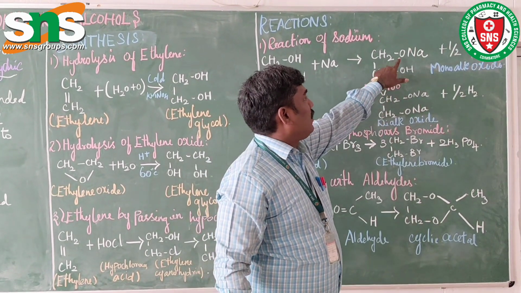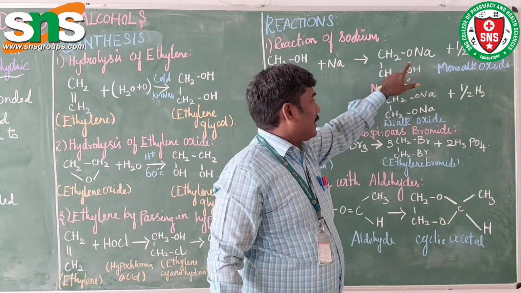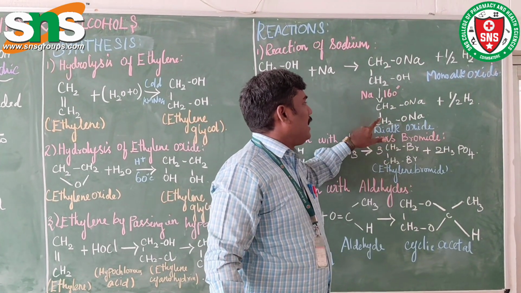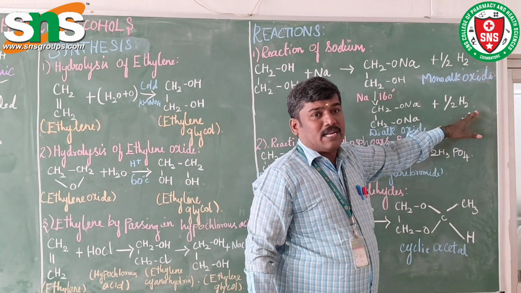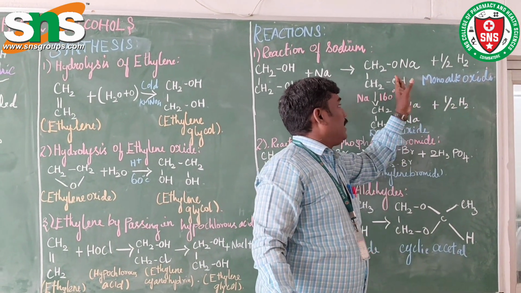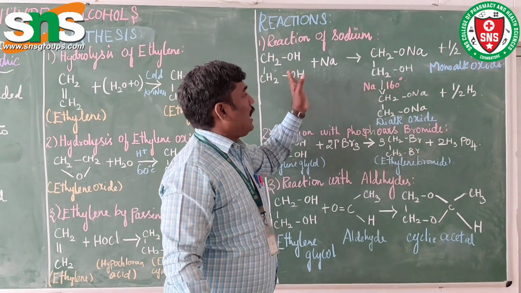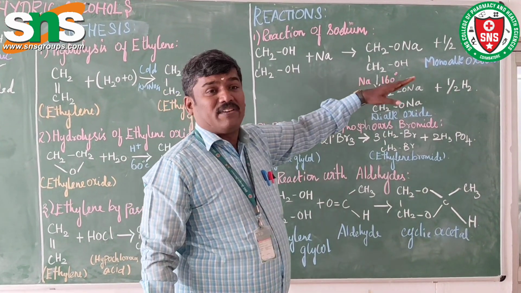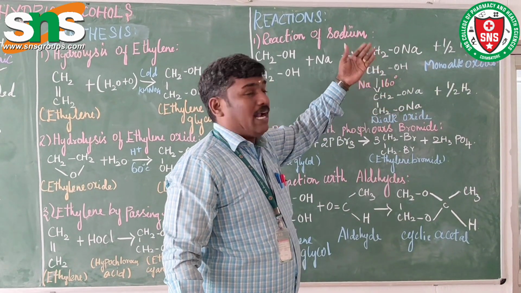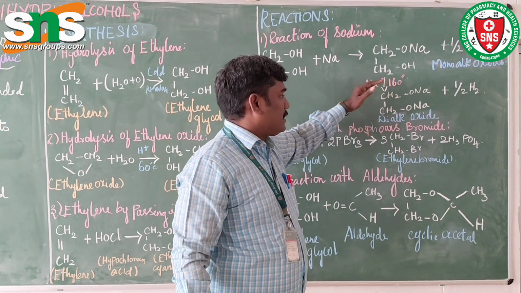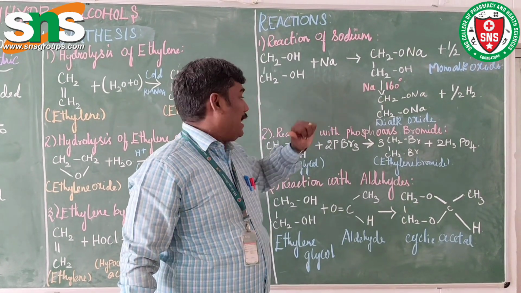Here one sodium has already been attached, so one more sodium will be added, giving the dialkoxide with the elimination of hydrogen. So ethylene glycol on treatment with sodium gives the monoalkoxide, and with further sodium at 160 degrees Celsius gives the dialkoxide.